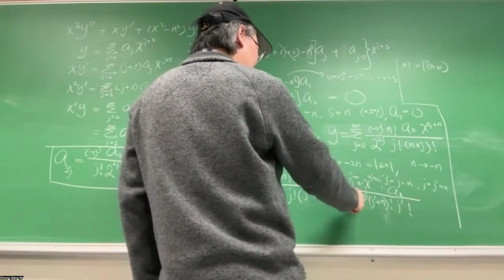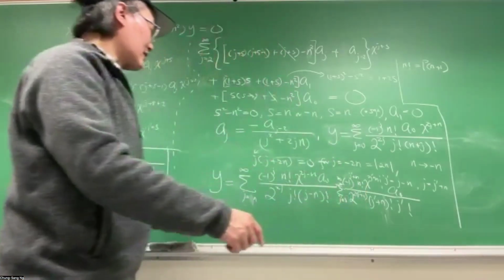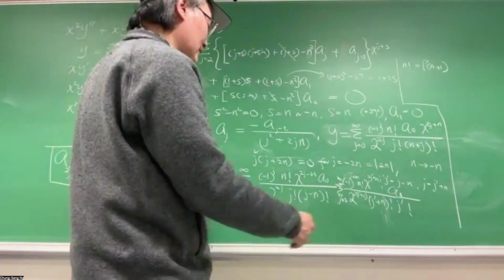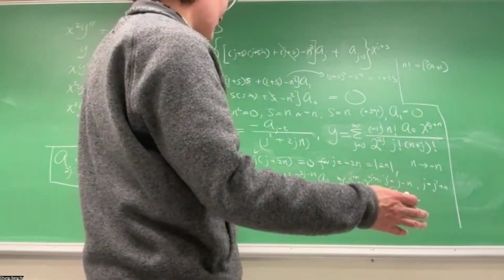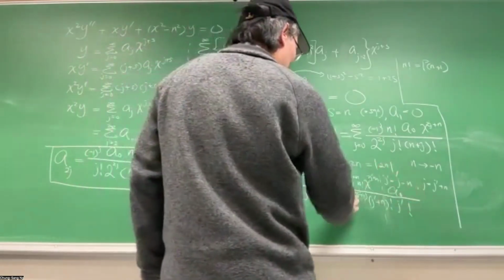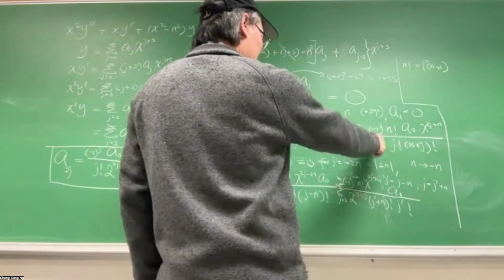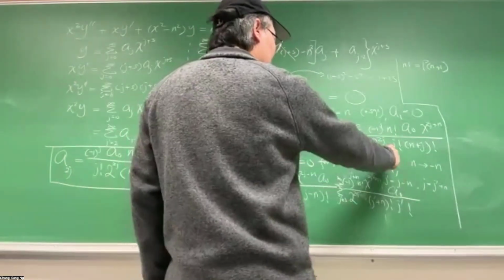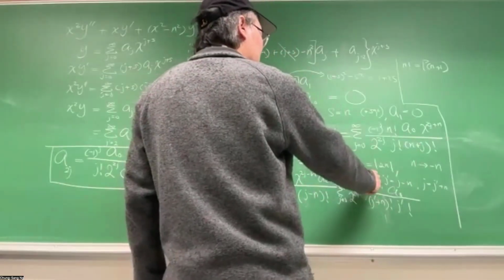So there are 2 to the n, but this is just a constant. It doesn't affect the solution. It's not a function of x or j, so you can absorb that as a constant. 2 to the 2j, j factorial, j plus n factorial, x to the 2j plus n.